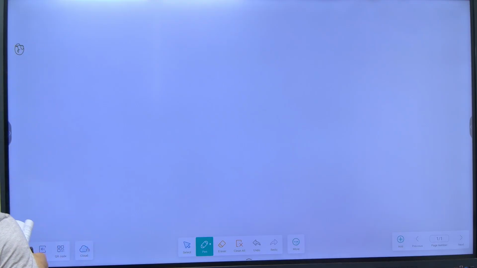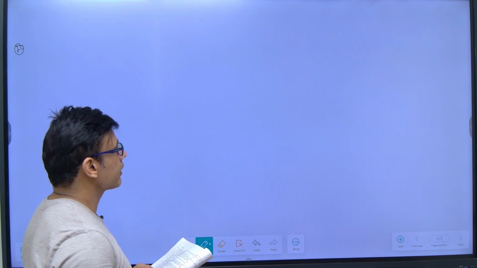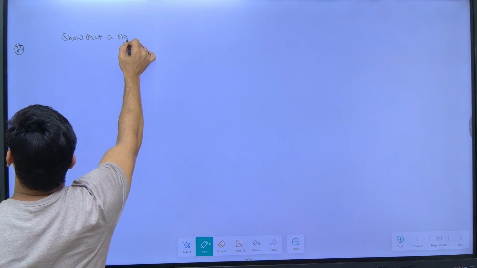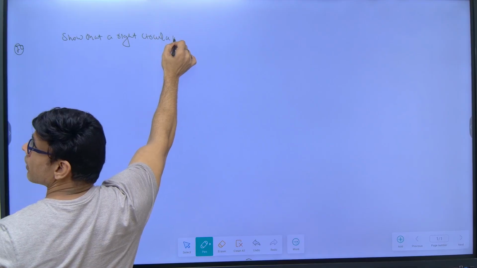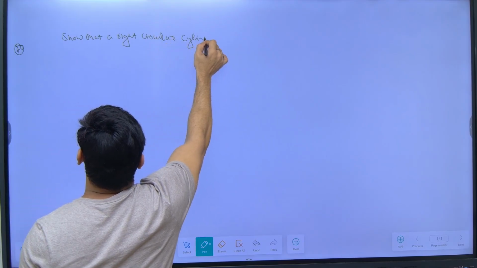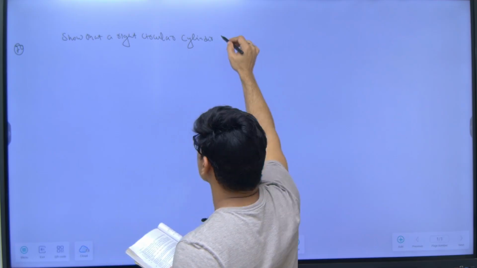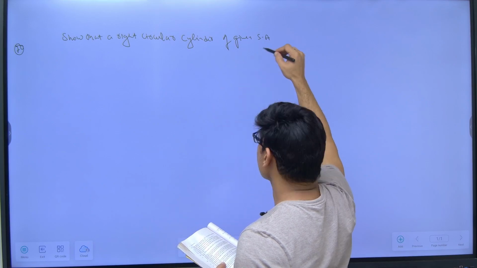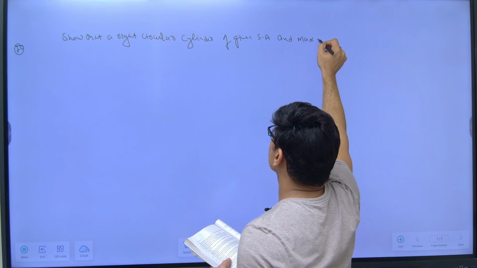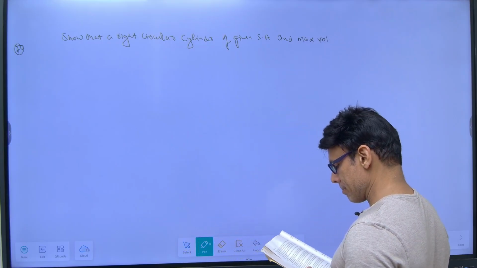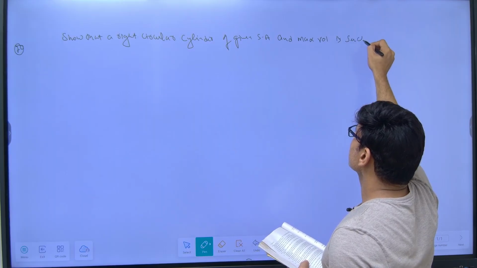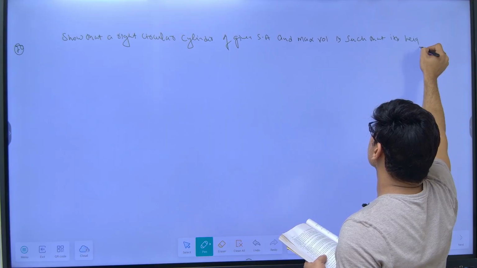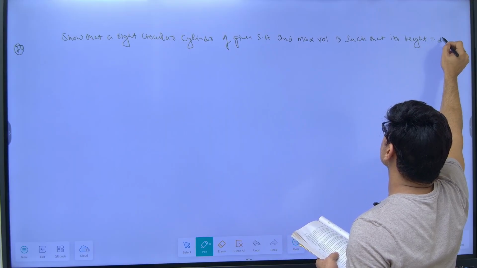The question is, show that a right circular cylinder of given surface area and maximum volume is such that its height is equal to diameter.